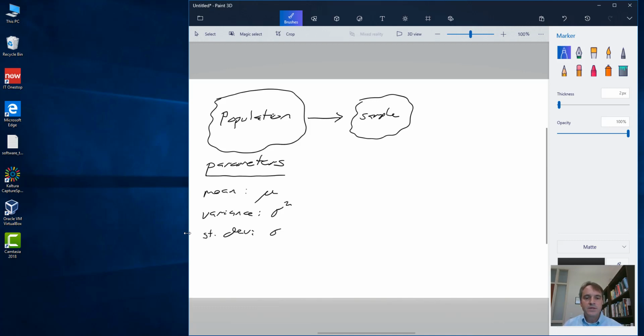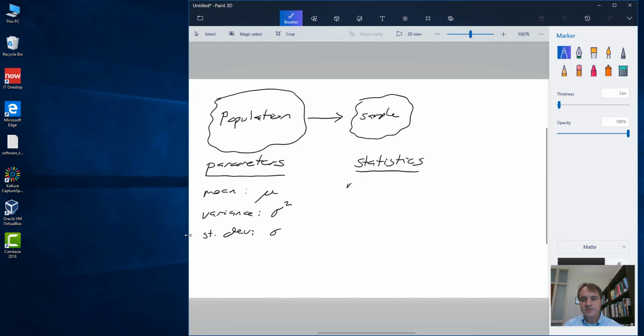Now, since we can't really observe those directly because we're not likely to measure the entire population, instead we look at the characteristics of our sample. And these are called the statistics. The statistics of our sample are going to be estimates of the parameters of the population.